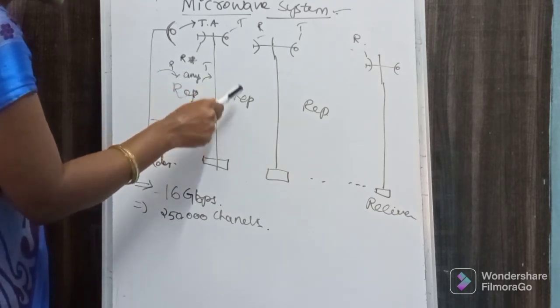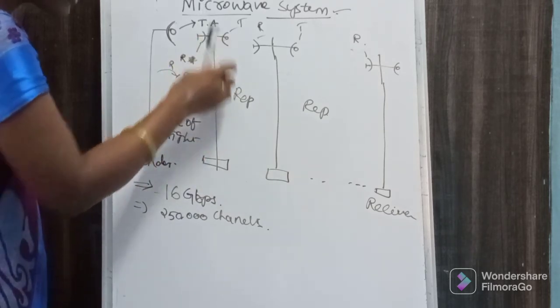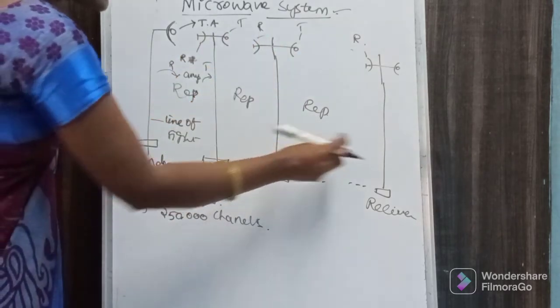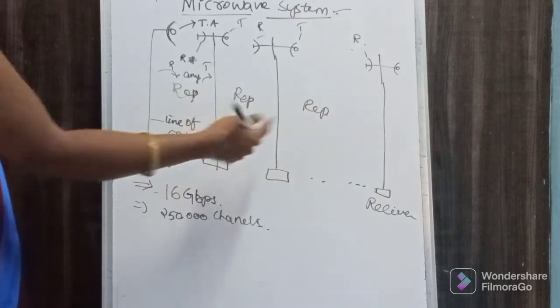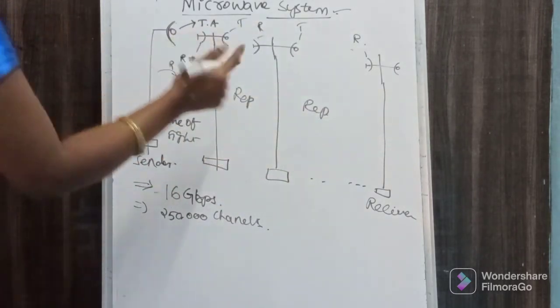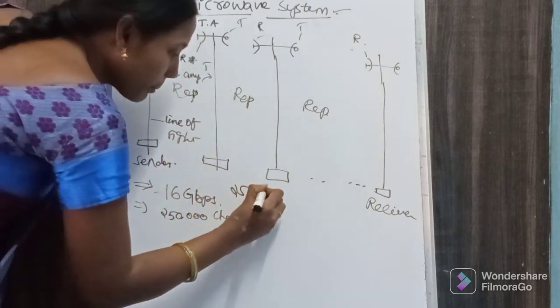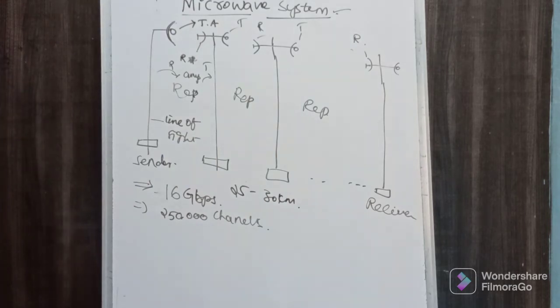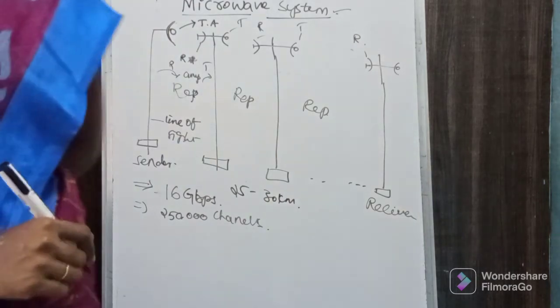Again this repeater receives the signal from this station, amplifies it and transfers it. That means between each and every transfer station we have to place repeaters. These repeaters must be placed 25 to 30 kilometers apart. Clear? So this is about your microwave system.